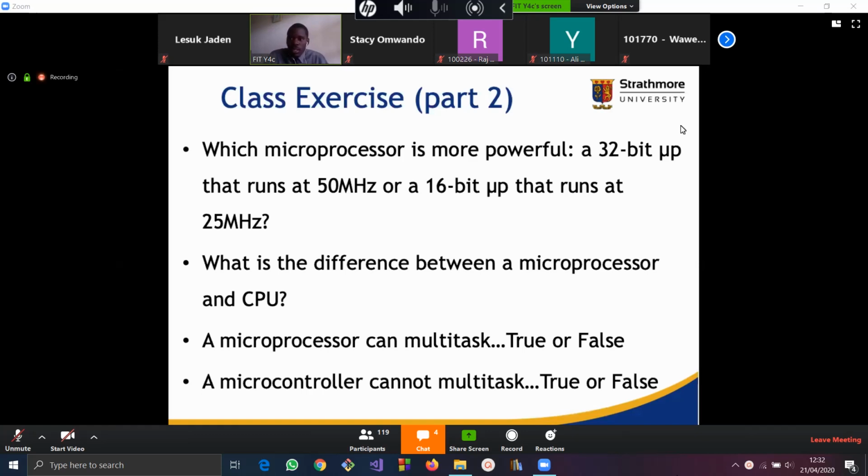The second question, anyone with an answer? This one I haven't explained, so I want to see if you can figure it out. The difference between a microprocessor and a CPU.